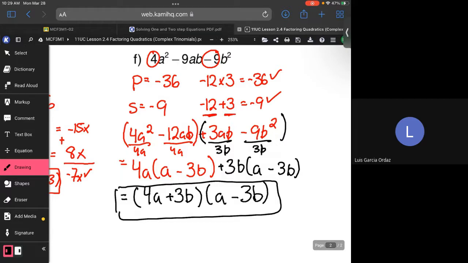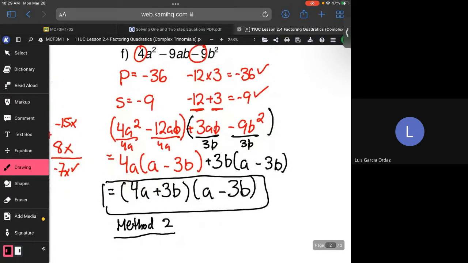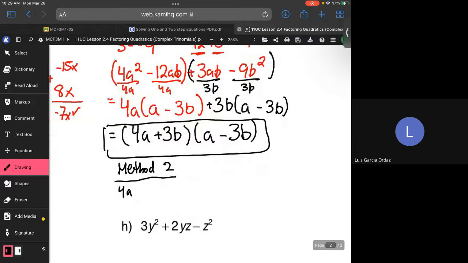That's fine. And now I know one of you did the crisscross method, so we'll do method 2. You looked at 4a squared and 9b. You probably did 4a and 1a, and the factors you used were probably -3 and +3. So 4a times -3 gives me -12a.